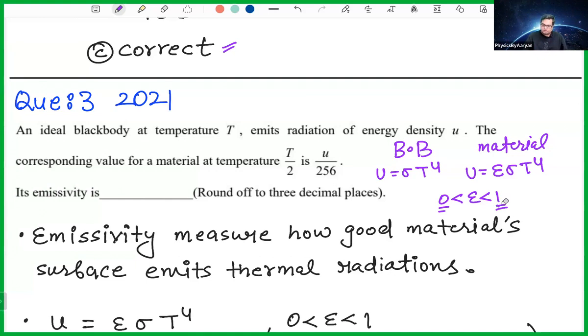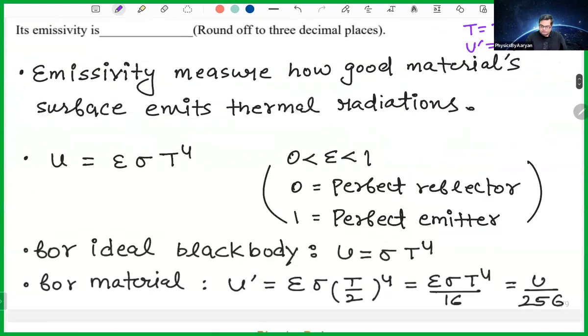Okay? So what is now given to us is that we have one perfect black body at temperature T, whose U is given by sigma T to the power 4. But for some material, the temperature is T by 2 and its energy density is U by 256. So I will use that concept.